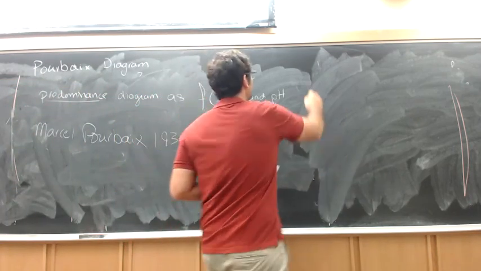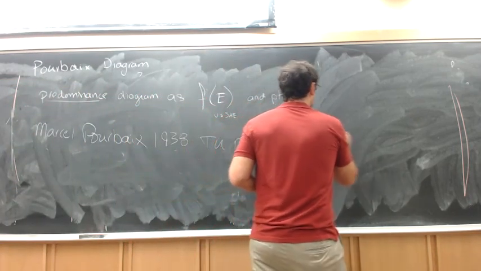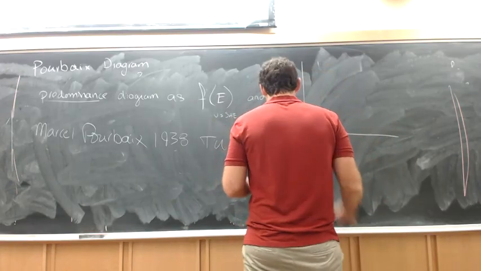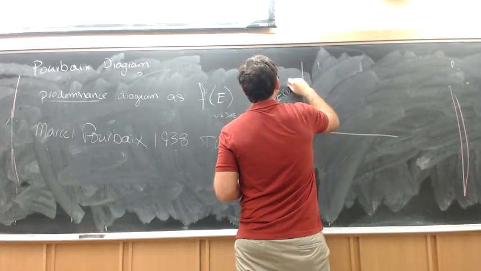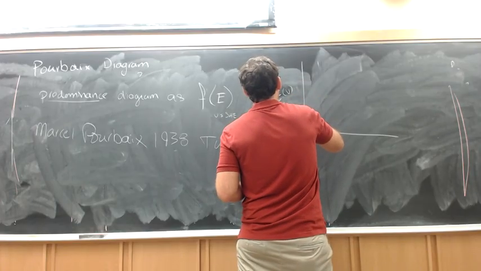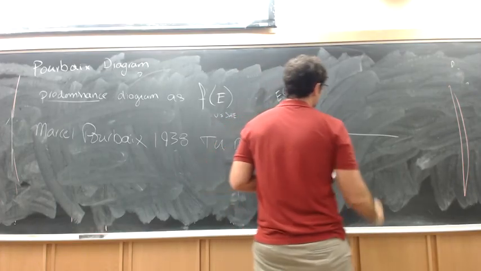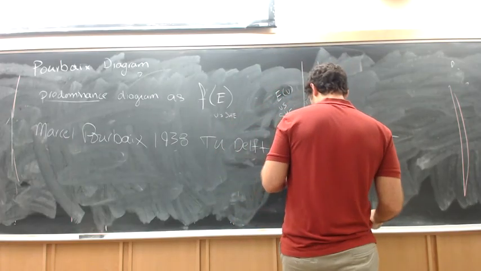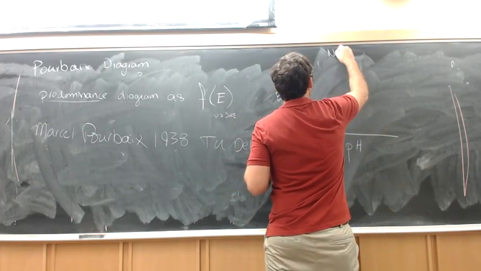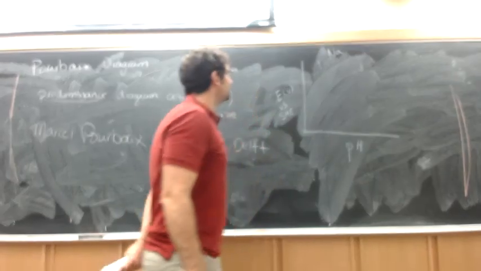Let's do an example. So I plot this. This is the potential in volts versus the standard hydrogen electrode. And this is pH. And I want a Pourbaix diagram for sodium, for example. Sodium metal.